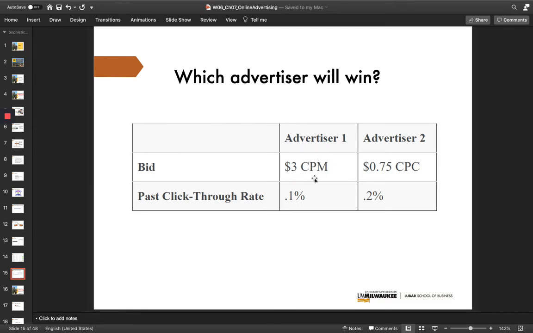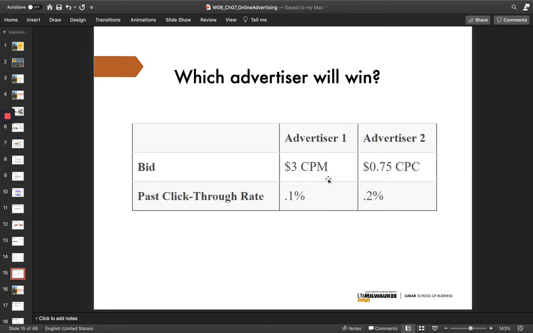The cost per 1,000 impressions is $3, and the click-through rate is 0.1%. Basically, what does it mean? A click-through rate of 0.1% means every 1,000 impressions will lead to one click, right?